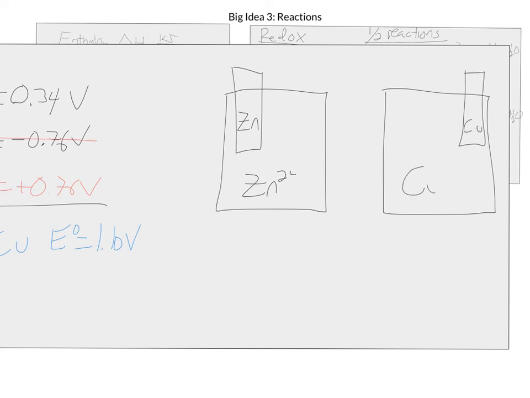Solid copper, and then aqueous copper 2 plus. We need to connect them with some sort of salt bridge, and a wire with a voltmeter, usually just to read the volts.